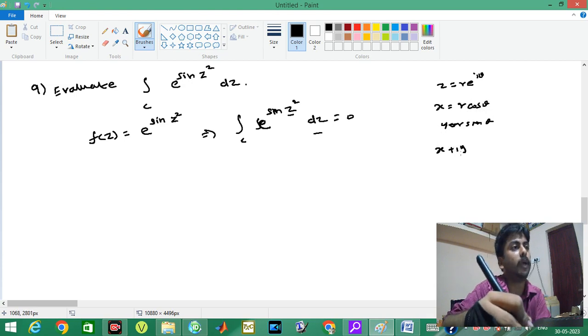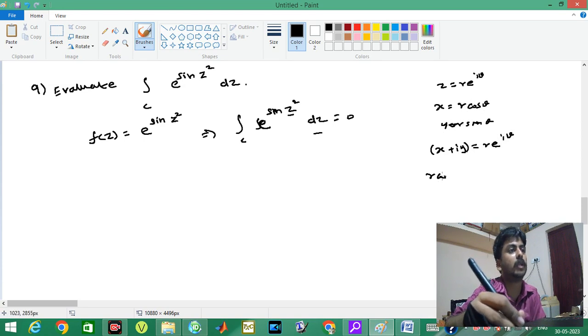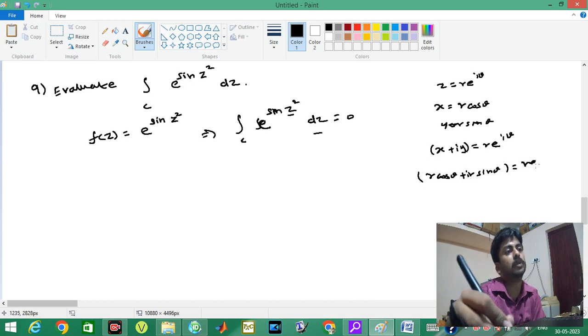Therefore x plus iy equal to r e power i theta, so r cos theta plus i into r sin theta equal to r e power i theta.